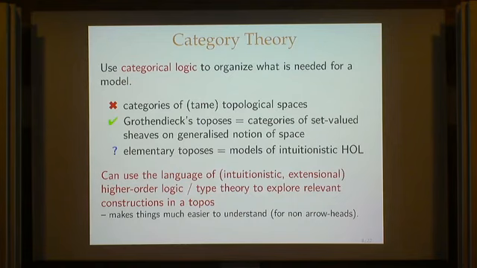And that can be much easier to understand, especially if you're not an arrowhead, a category theorist, in other words. If you don't live and breathe category theory, but you do live and breathe this kind of formal logic, then a lot of the constructs are perhaps easier to understand stated in those terms, and then interpreted in ways that we know back into the categories.